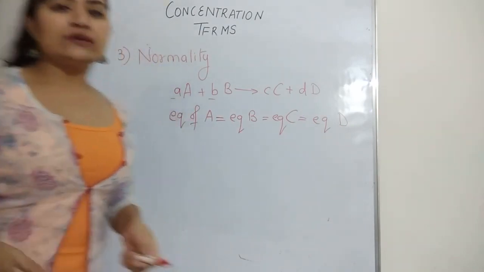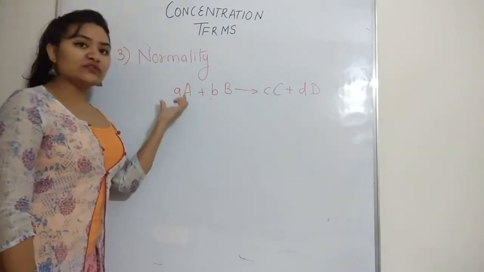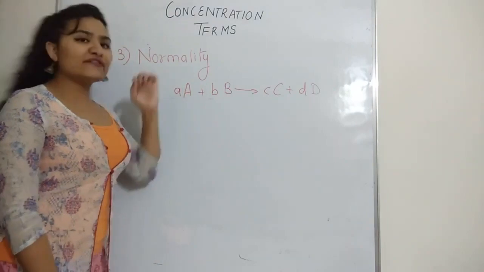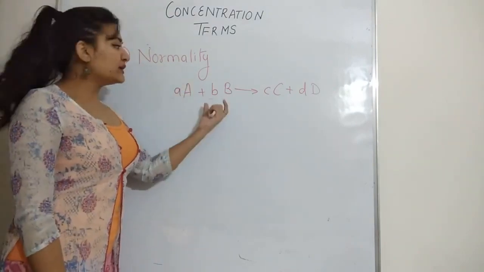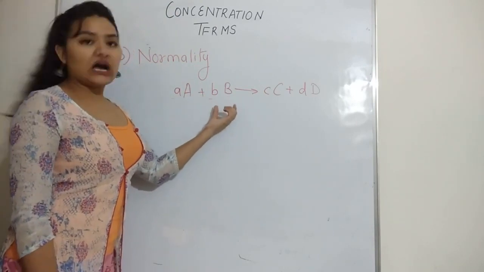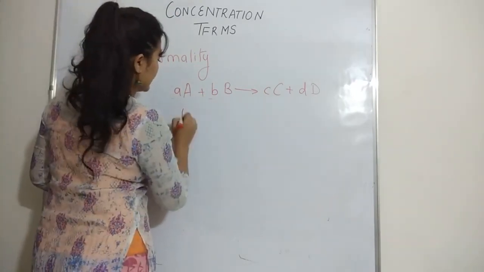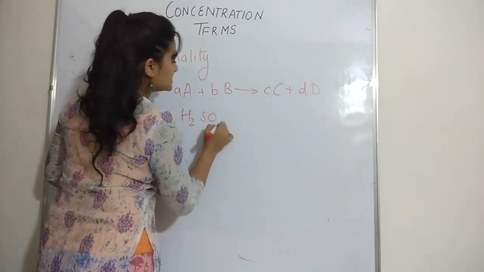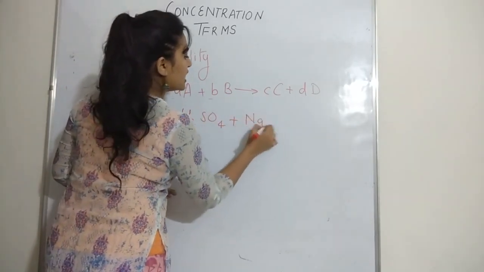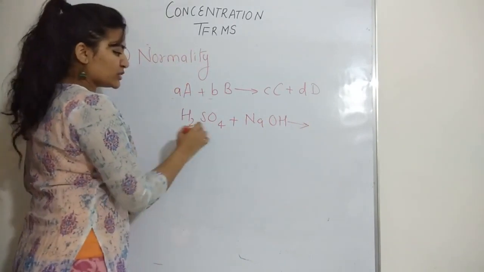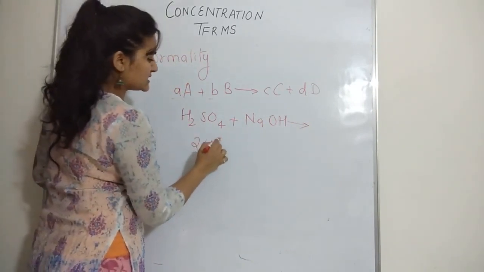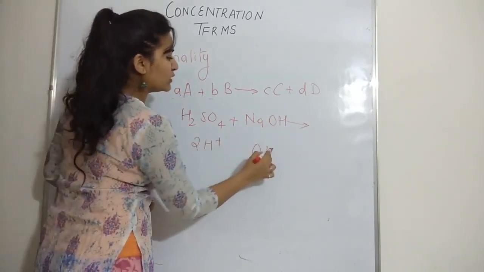Now what is an equivalent? One equivalent of this will react with, or displace, a fixed quantity or equivalent of the other one. Let me take H2SO4 plus NaOH. Here this H2SO4 is going to release 2H plus and NaOH will have 1 OH minus.